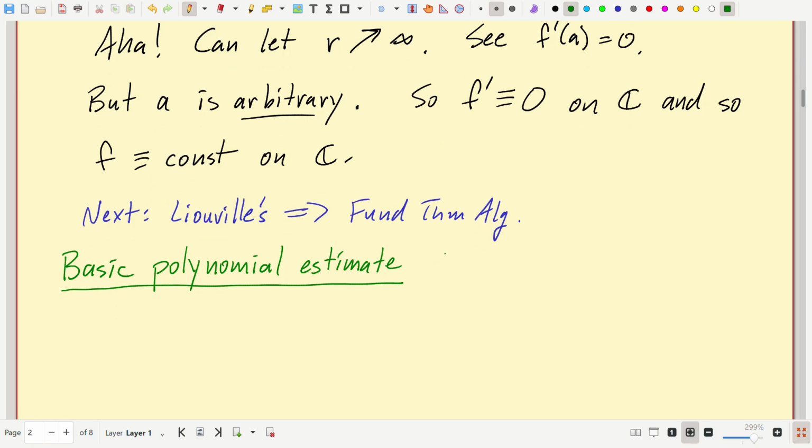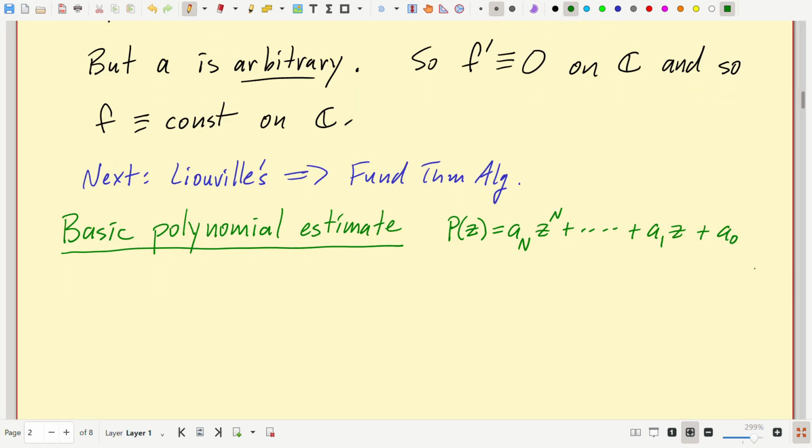So it applies to a polynomial with complex coefficients. Call these complex polynomials: p(z) = a_n z^n + etc. down to a_1 z + a_0. And to be of degree n, we assume that the leading coefficient is not 0.